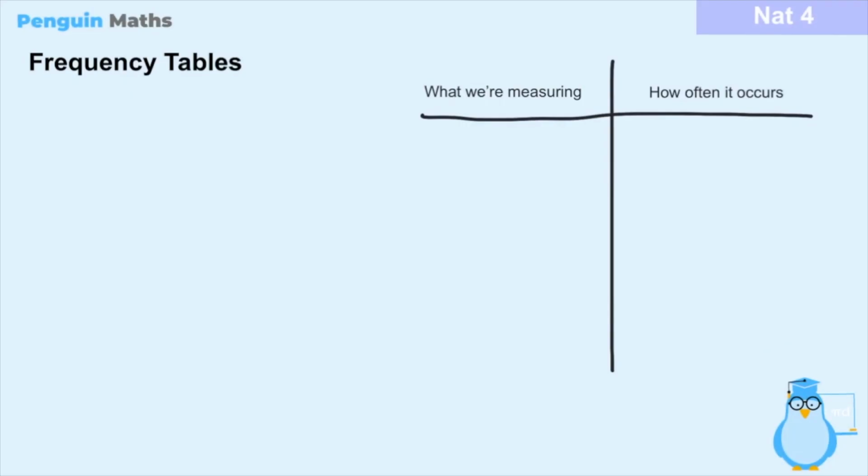So to begin this lesson, we are going to have a look at frequency tables. Basically, in statistics, a frequency table is just a way of helping us organise and order our data. If we are conducting a survey or gathering information, then a frequency table would help explain this information in a better manner. A frequency table consists of something that we are measuring, and this can be absolutely anything.